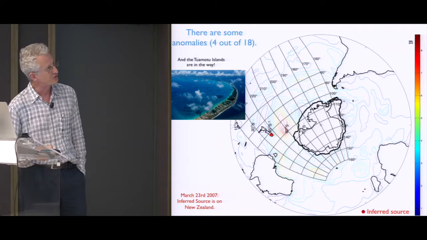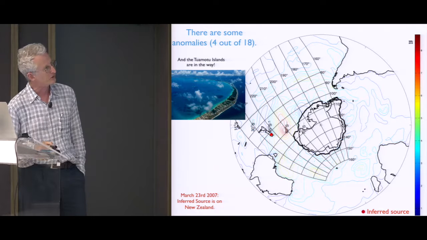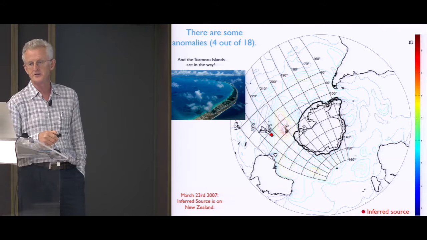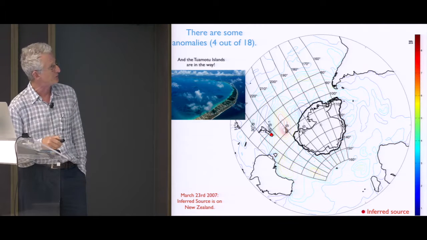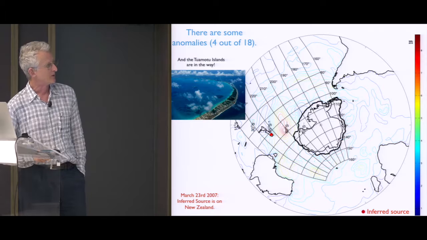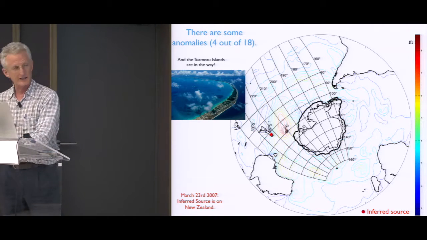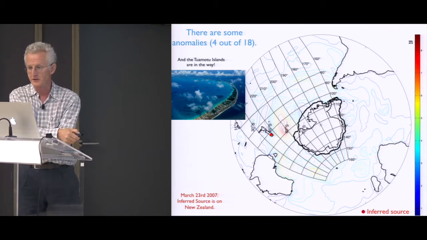So in other words, the Great Circle path from this storm to the observatory is in principle blocked by this island group, so there should be no signal at all. I'll show you a picture of the Tuamotus later. And so this is a problem. Why are we seeing anything at all, let alone why the source is on New Zealand?